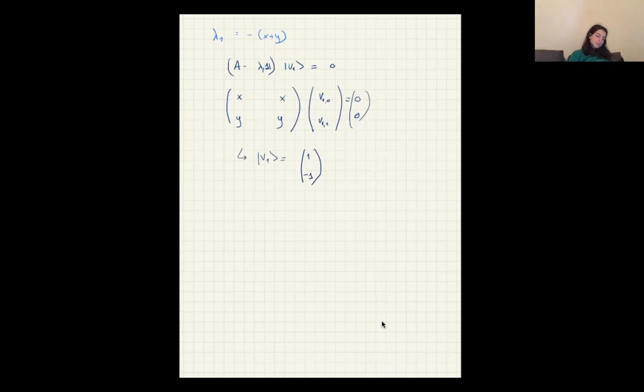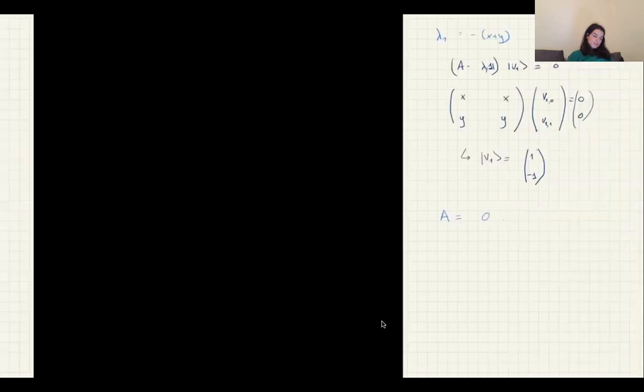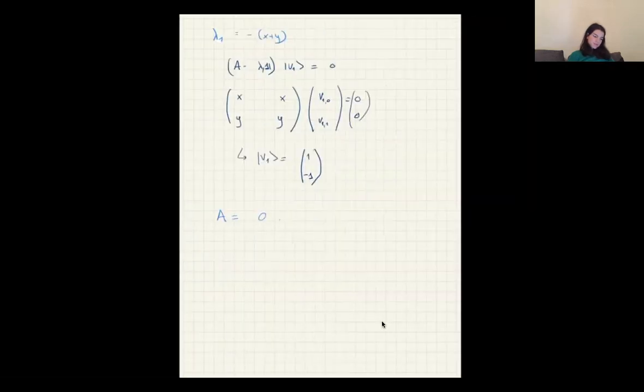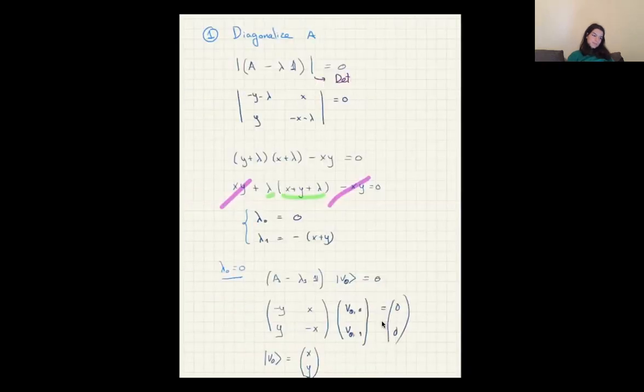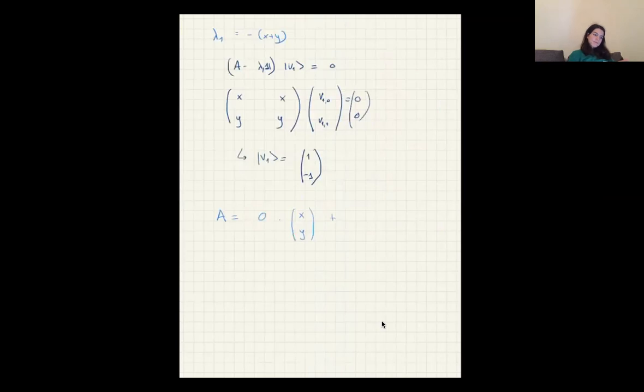We were just diagonalizing A, so our solution is that A equals 0 times the vector x, y, plus minus (x plus y) times this vector here. Very good.